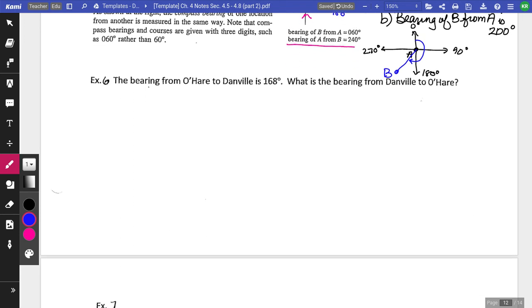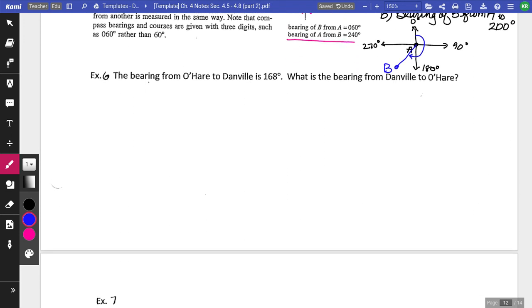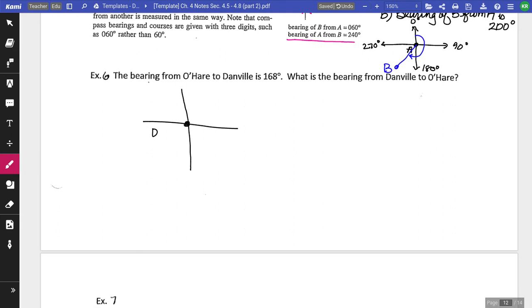Okay, so let's do a couple of examples here. The bearing from O'Hare to Danville is 168 degrees. What is the bearing from Danville to O'Hare? Okay, so from O'Hare to Danville, so here's O'Hare. We're going to start at O'Hare. 168 degrees. So here's north, 0 degrees.